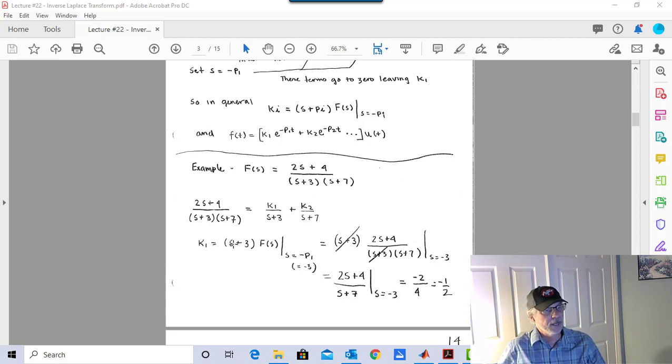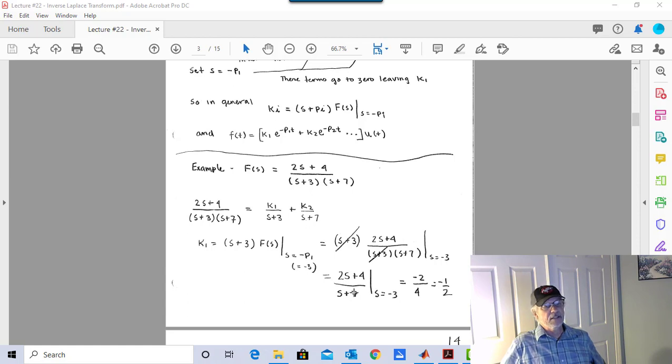So here we go. S plus 3 times F of S evaluated at S equals negative 3. So here's S plus 3 times F of S, and we can see that these two terms cancel out, and we're left with just 2s plus 4 divided by s plus 7.